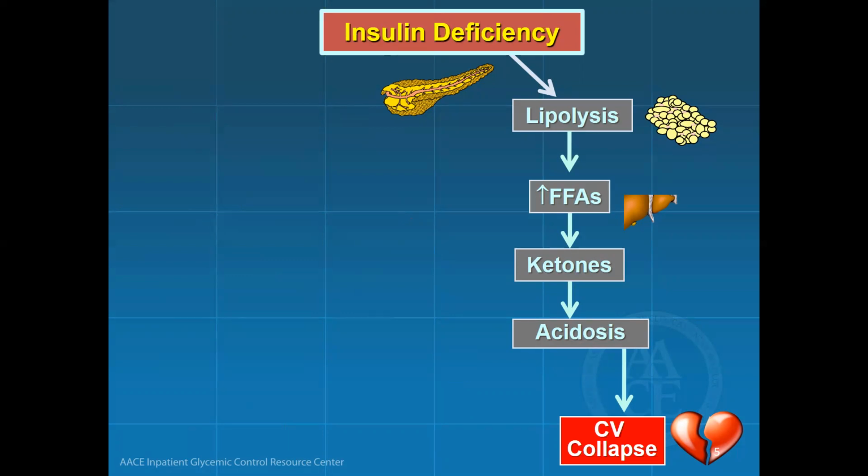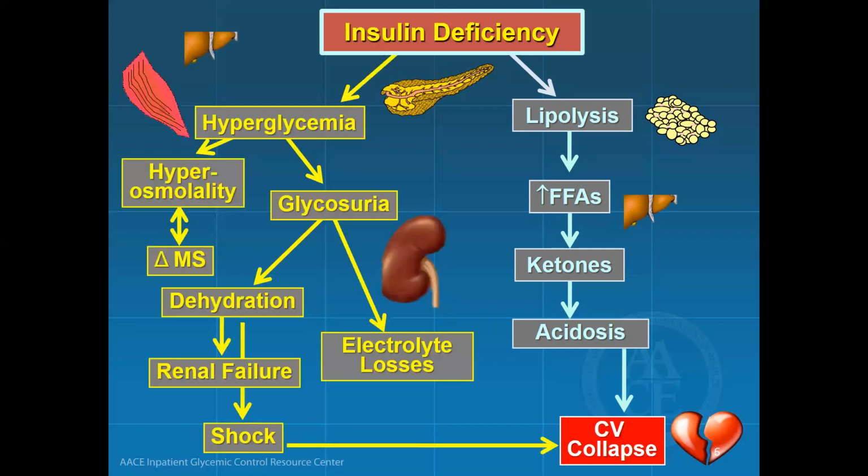Ketones are very acidic in nature, and this is what leads to our metabolic acidosis. This only happens with DKA. So if we put it all together, this is what DKA looks like. You have two legs, two things happening at once. Now remember, the lipolysis only happens with DKA and not HHS.